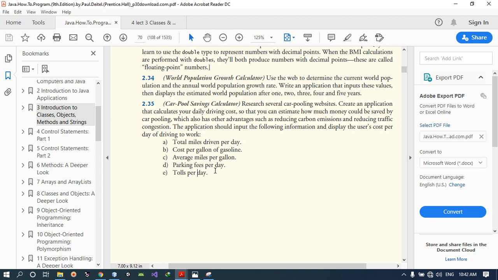For calculating this, we need to divide the cost per gallon by the average miles per gallon. It will give us the value of the cost of each mile. Then we can calculate it with the total miles driven per day, and then we will add it to this value, so we will get the total cost per day.